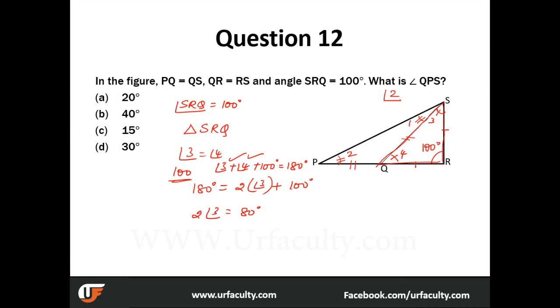So angle 3 is equal to what? 40 degrees. So this angle is 40 degrees, which means this angle is also 40 degrees.